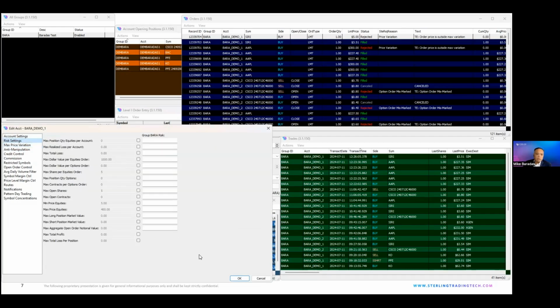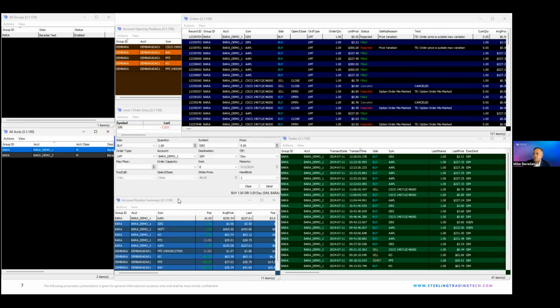The next one I wanted to go through was shares, in terms of size. Let's say I wanted to restrict the maximum shares entered per equities order to just 5 shares. This is just for demonstration purposes. I've been testing with 1 share, and obviously it goes through.